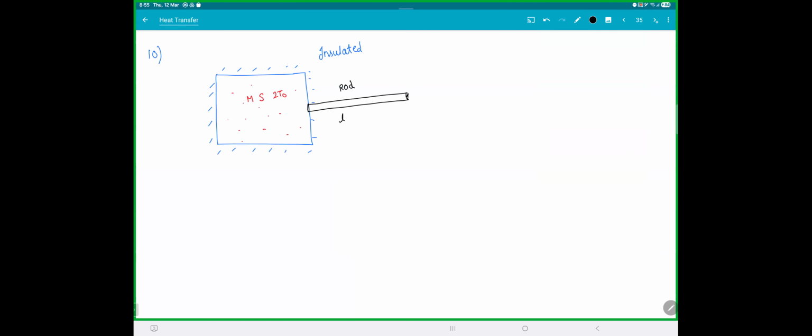Length L, thermal conductivity K, and area of cross section A. And this right end here is maintained at T naught temperature. So now what will happen? Because the liquid is hotter than the outside, the heat will flow through the rod. If the heat flows through the rod, the liquid will cool down. If the liquid cools down, the temperature will change. If the temperature changes, the heat flow will change. So find the temperature of the liquid as a function of time t.